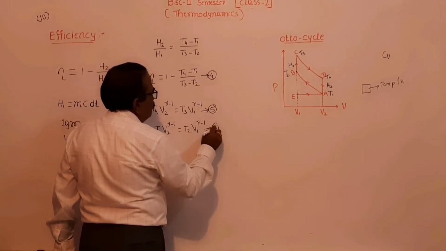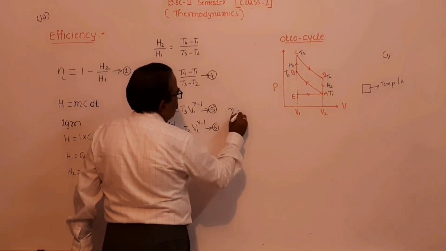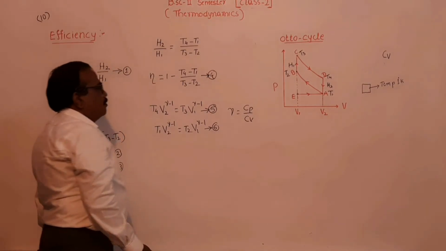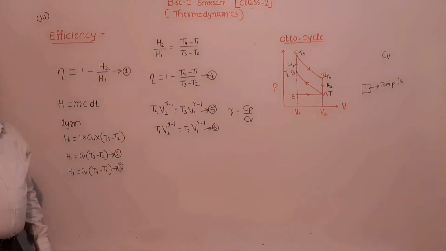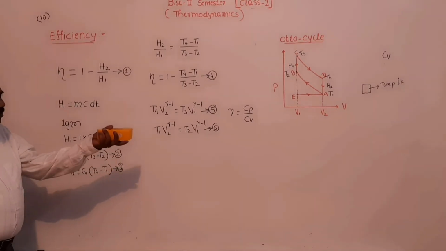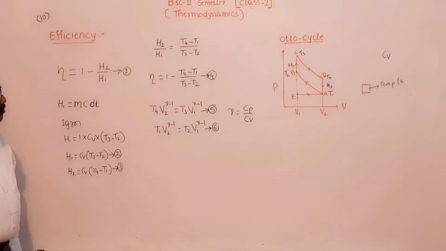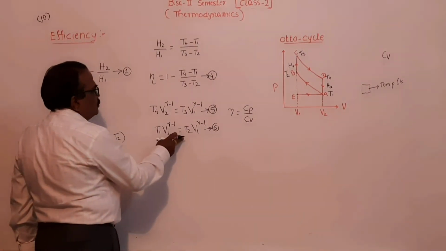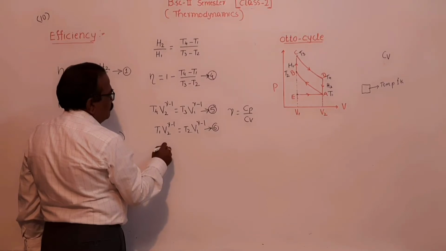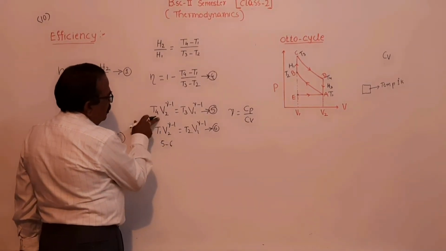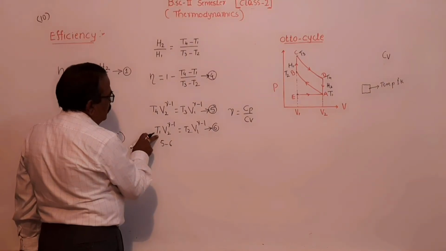What is your nu? Your nu is Cp upon Cv. What is Cp upon Cv? It is the ratio of the specific heat at constant pressure to the specific heat at constant volume. Then subtract equation 6 from 5, that is, make it 5 minus 6. T4 minus T1 is common.